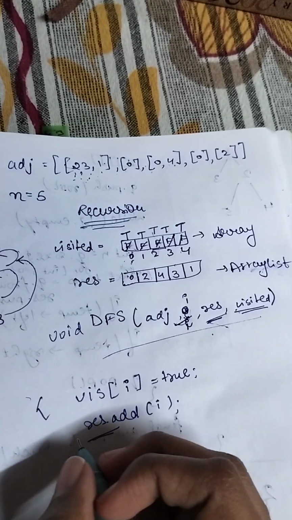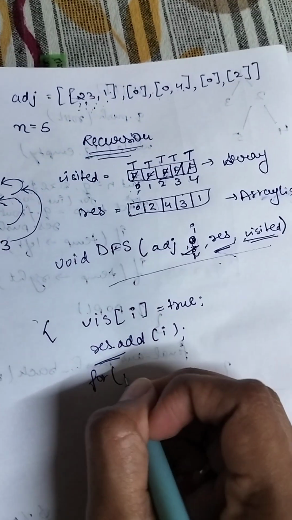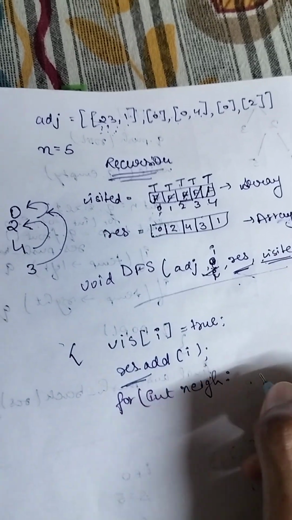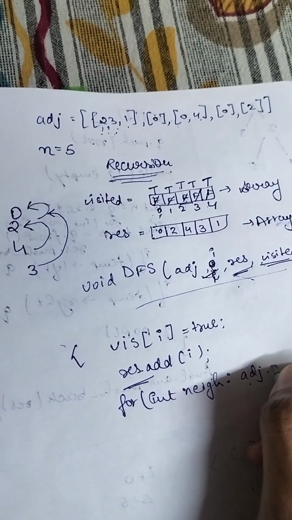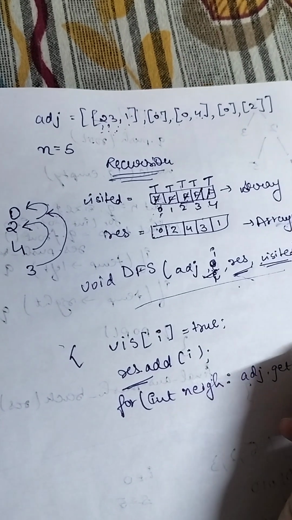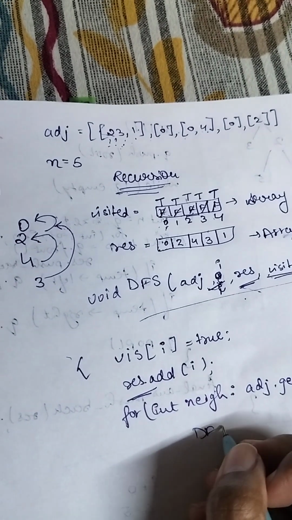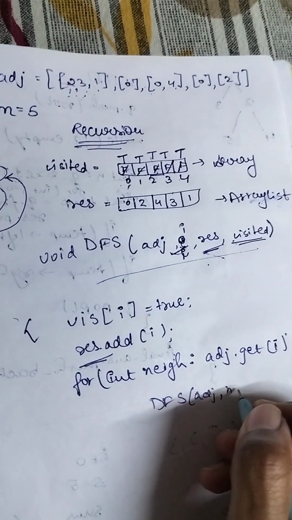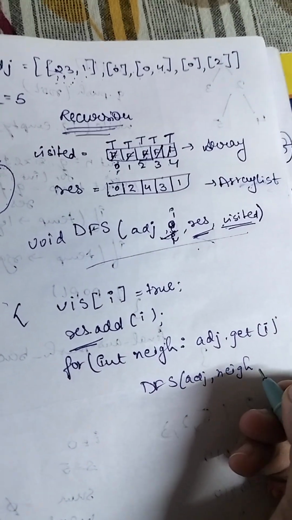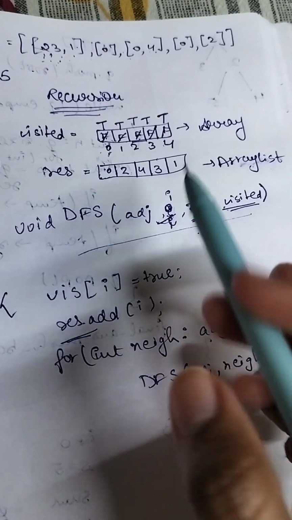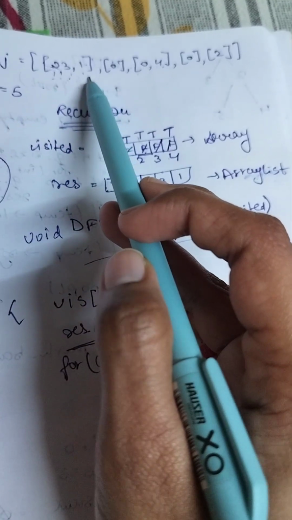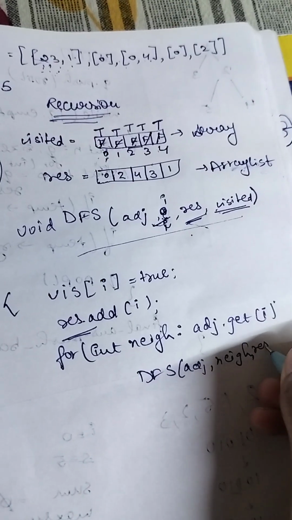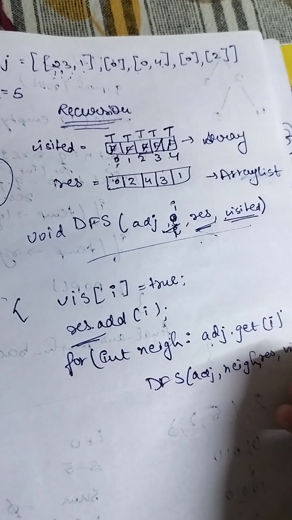Okay, now I'm going to run a for each loop for int node in adj dot get of i. Here my adj is a 2D array list, which gives the nodes connected to this node. Then we call DFS with the node, adj, res, and visited.